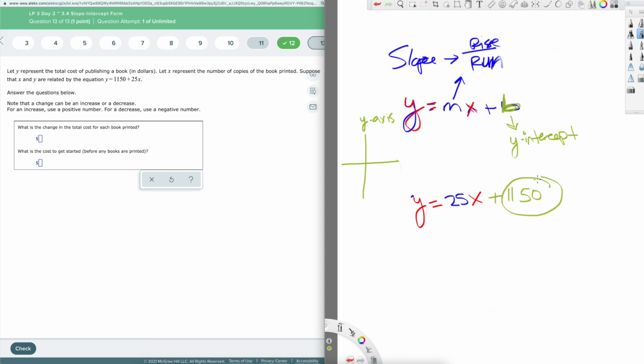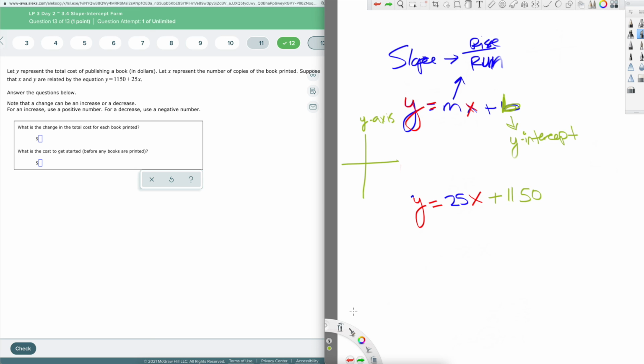And then we have this 25x, and it told us that x represents the number of copies of the book. So if x is the number of copies, and we're multiplying by 25, and we're talking about cost, then that must be the cost per book. So that's just another thing, we're just breaking down this problem. That's my slope. That's what it changes by with every book I print or every copy we make.